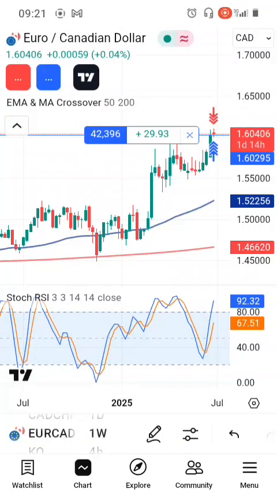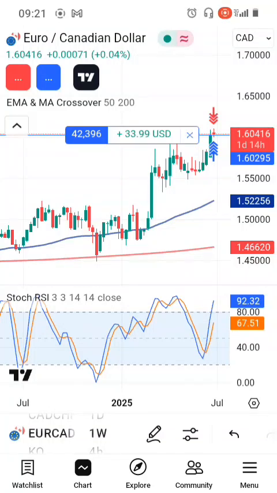Now, the difference between EUR-CAD and CAD-CHF, the main difference there is that EUR-CAD is more of a breakout move.